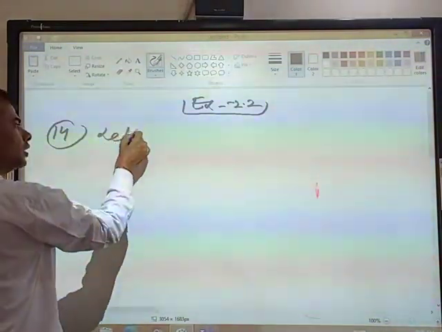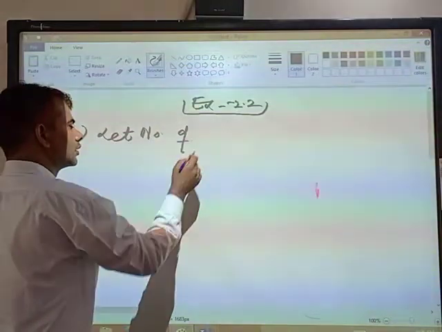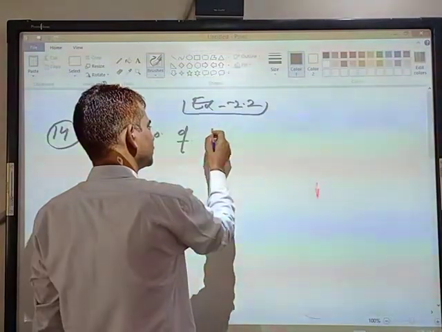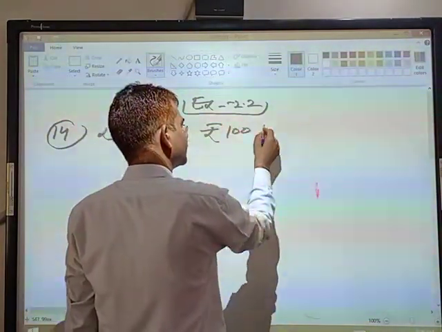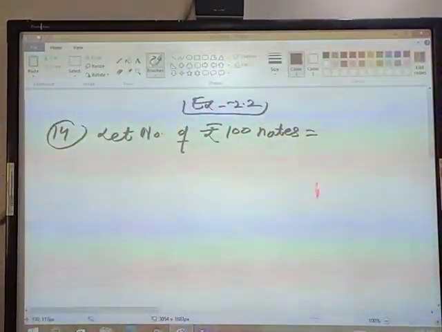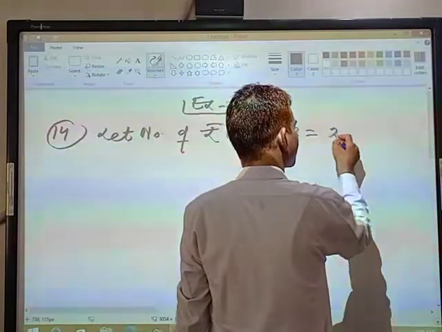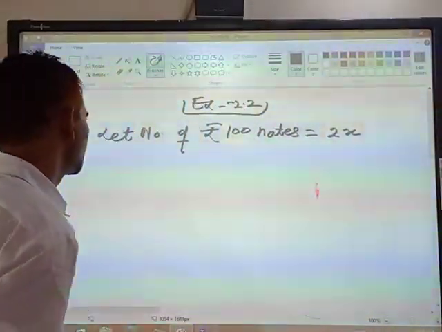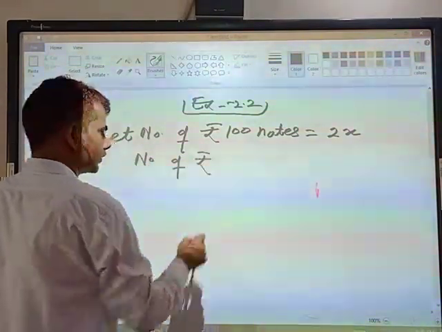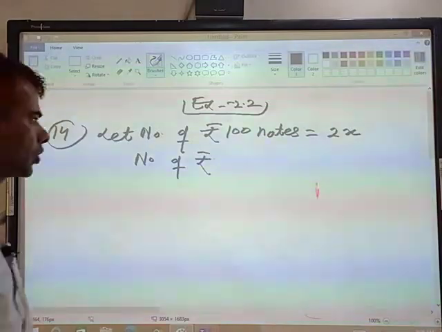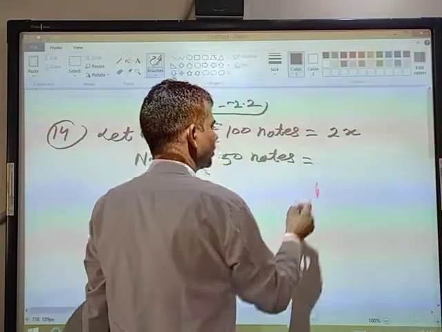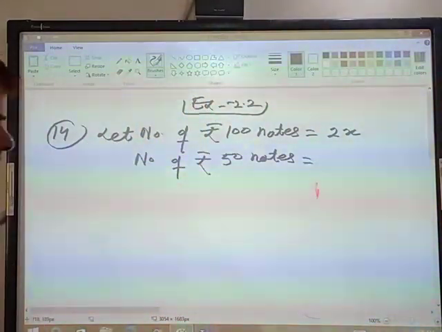Let the number of 100 rupees notes, that is your 2x. Now students, the number of 50 rupees notes, that is your 3x.